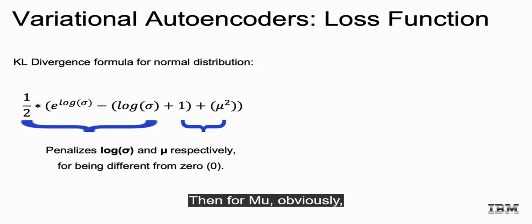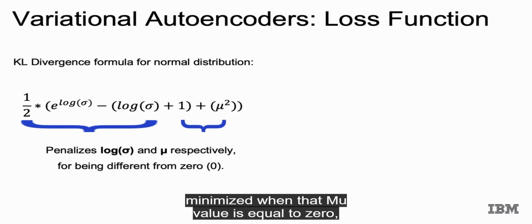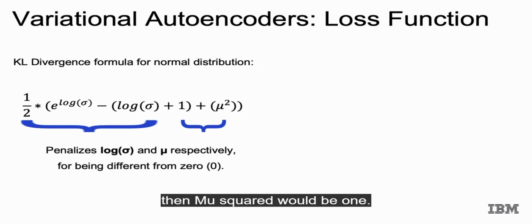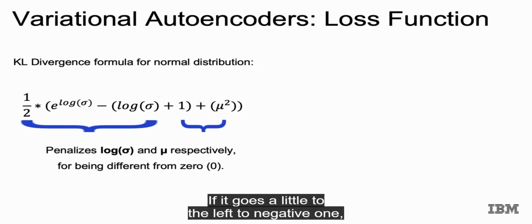And then for mu, obviously mu squared will be minimized when that mu value is equal to 0, because if it goes a little bit to the right to 0.5 or even up to 1, then mu squared would be 1. If it goes a little to the left to negative 1, again, you'll have a value of 1. So it'll be minimized when mu is equal to 0.